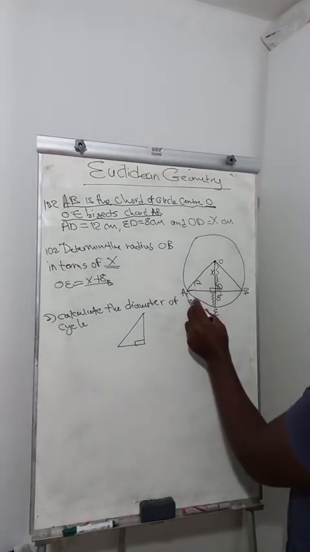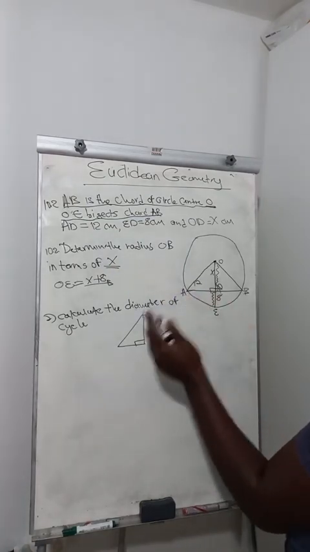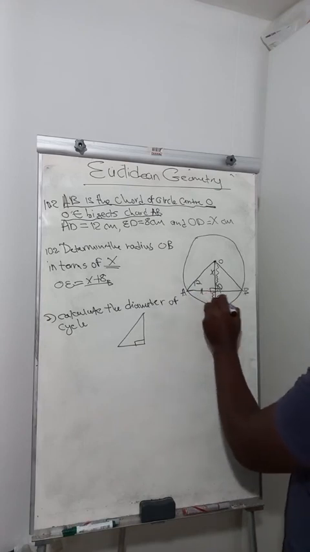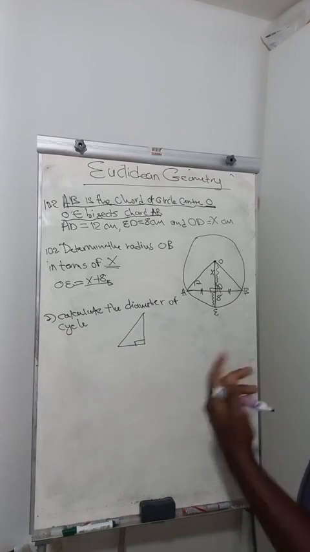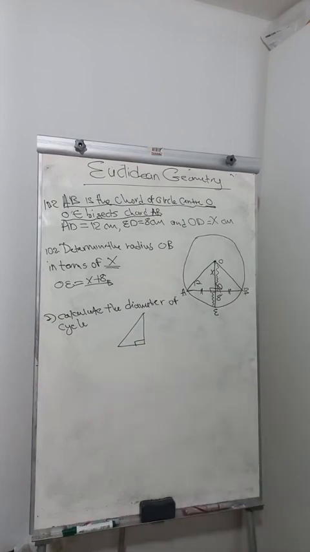So this is chord AB. If it's being bisected, it means these two sides are equal. You get it? So in this case, try to write things in terms of other values.